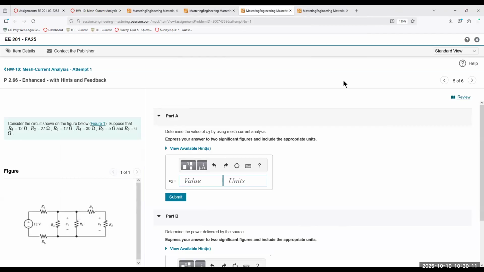Let me bring this over on this side and copy it. Has someone already solved this? Anyone? Okay.